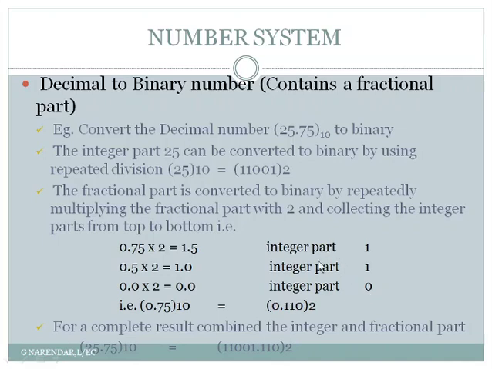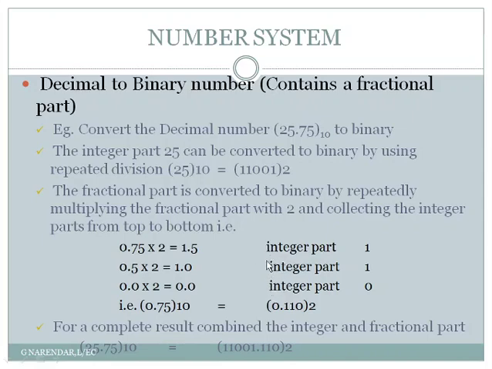This process of repeated multiplication is continued until you get the last integer part as 0. In some cases, you may not get the integer part as 0, but you have to stop somewhere depending on the requirement.